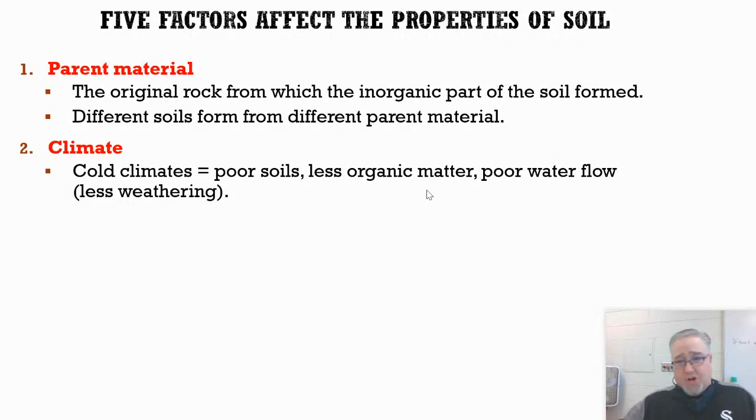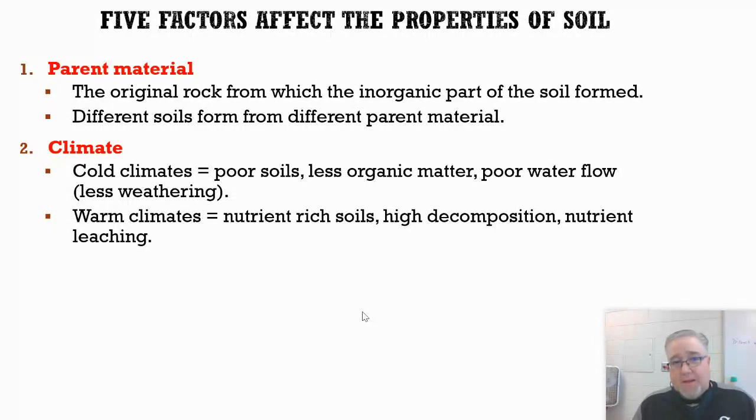Think about the tundra up in the Arctic and places like that. The soil there is not really that nutrient rich. There's not a lot of organic matter in it. There's not a lot of water that flows because it's frozen. So that means there won't be a lot of rock that weathers to produce that soil. So typically colder climates have poor soils.